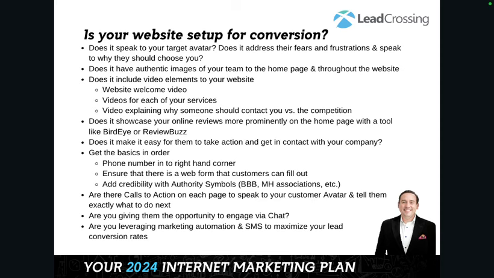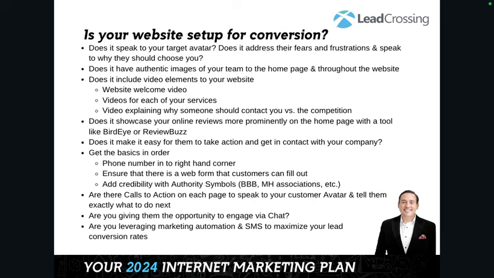Does it have real photos of your team and of your community throughout the website? Do you have a video element, maybe where you can welcome site visitors with a video? Does it have a video of your community and if there's any services or amenities or anything like that? Does it have a video that explains why they should talk to you versus your competitors? Does it show your online reviews?